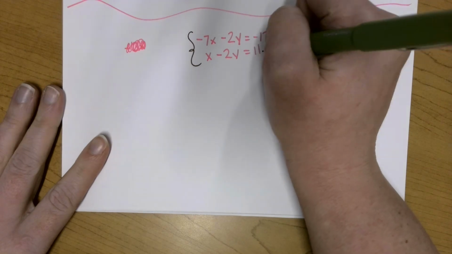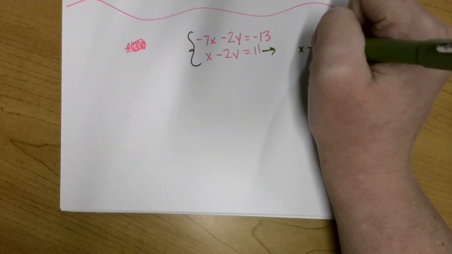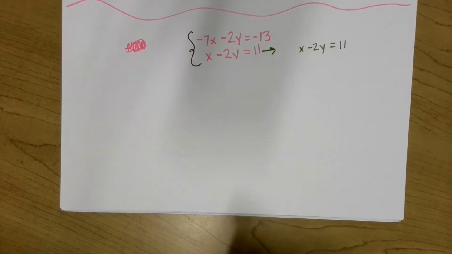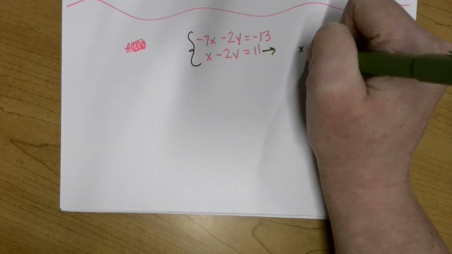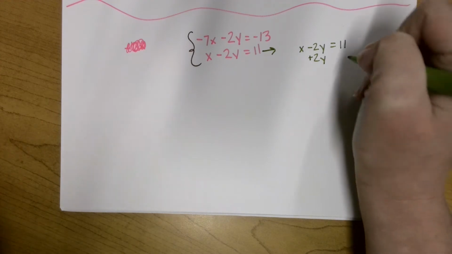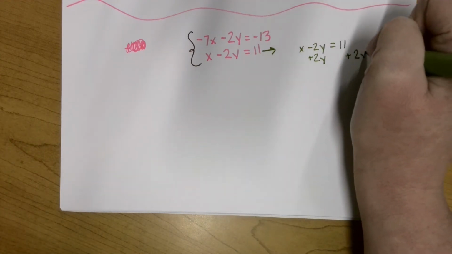Okay, so I'm going to take this over here. I want x by itself. So the only thing I need to get rid of is this -2y. So I'm going to add 2y to both sides.